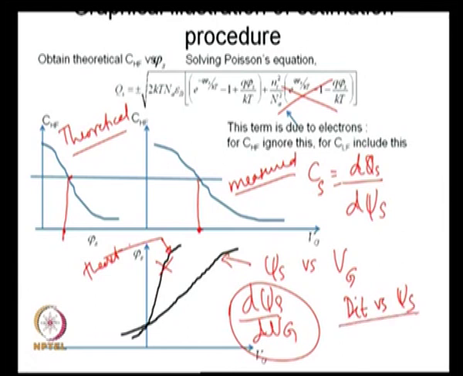And this DIT versus psi s plot gives you the interface density in the band gap of silicon. Okay. This was first proposed by a person called Terman, and in fact it is also called Terman's differentiation technique. This differentiation process of psi s versus Vg, d psi s versus dVg, is used in estimating interface trap density. Okay.